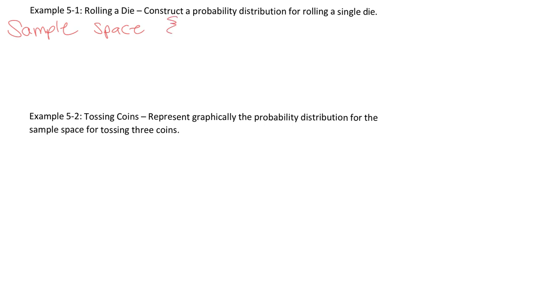So the sample space for rolling a dice, if each of you had a normal dice right now and we all rolled, we would get one of 6 possibilities. Some of you would roll a 1, a 2, a 3, a 4, a 5, and a 6. That's it. That would be our sample space. All of us would have to get one of those numbers.